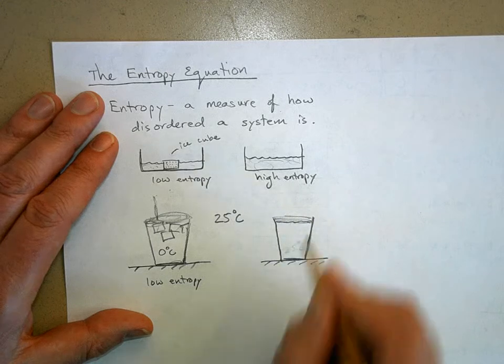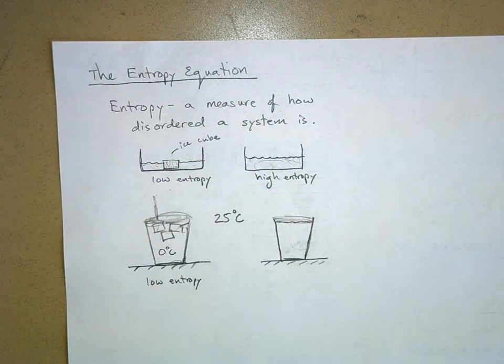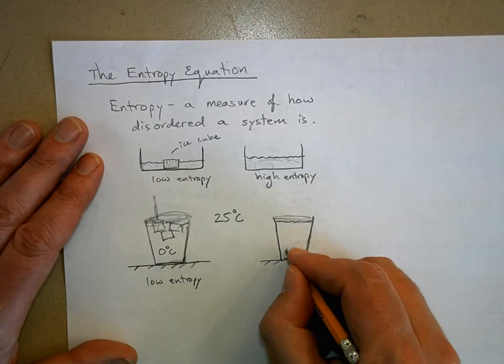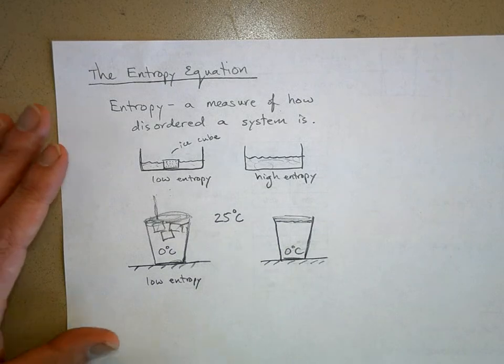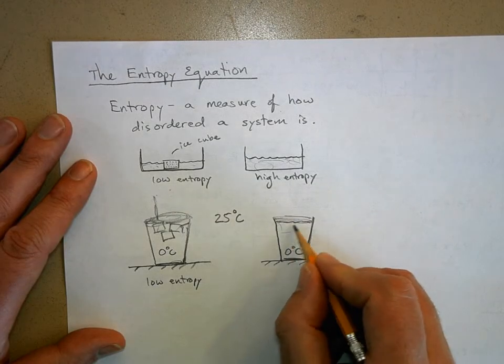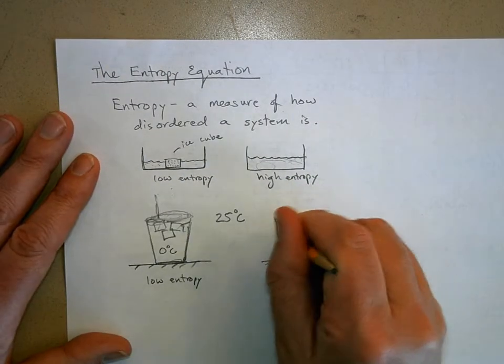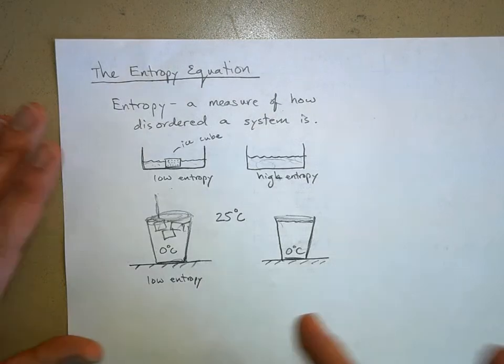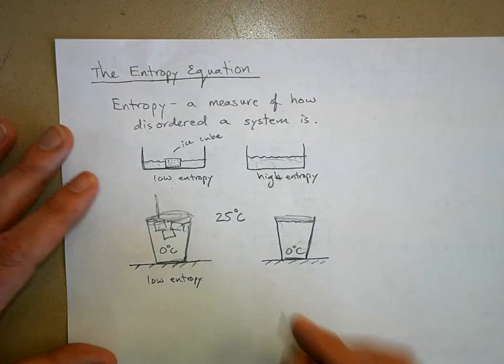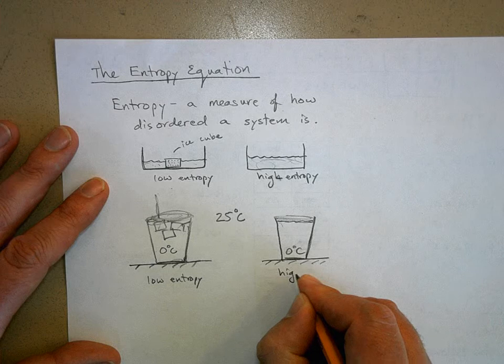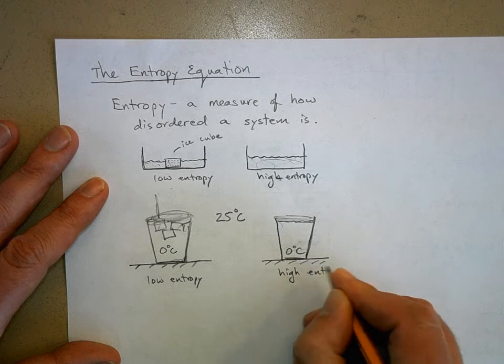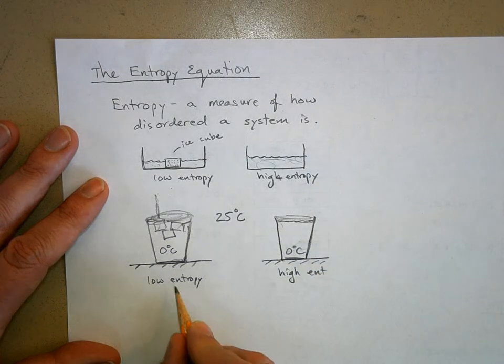So we've reached a state where the ice melts. Now what's true, the temperature doesn't change while the ice melts. So this is still at 0 degrees Celsius. But the ice has melted. And now it's going to start increasing in temperature. But while the ice melts, so that this is at a higher entropy. Now when I say high entropy, I just mean compared to this.